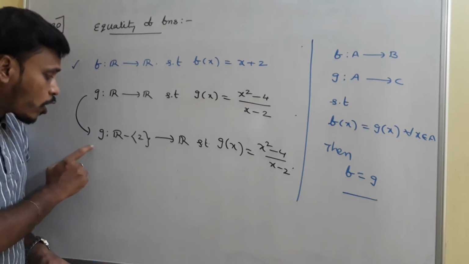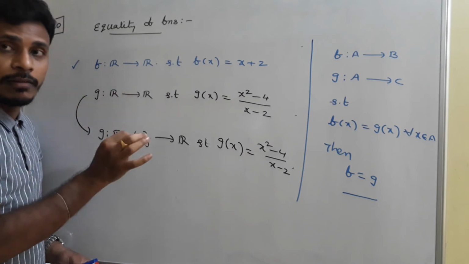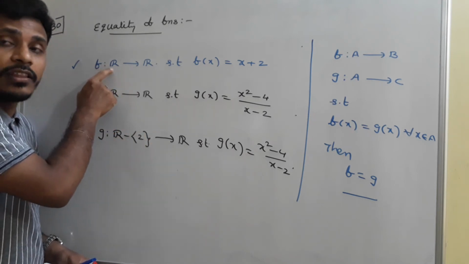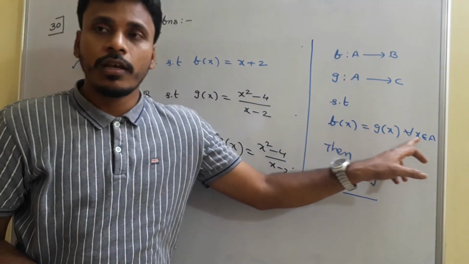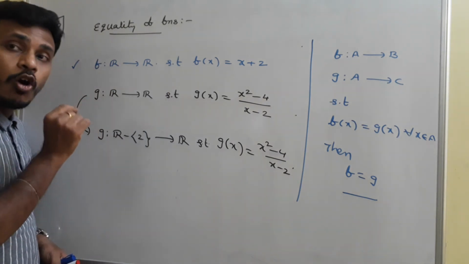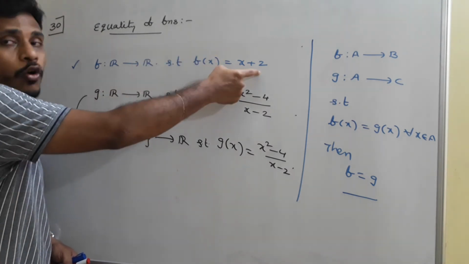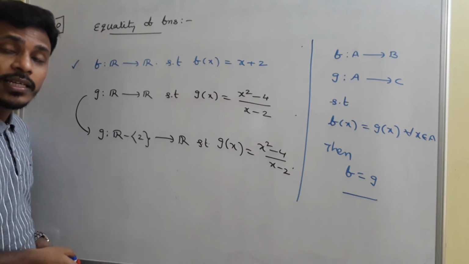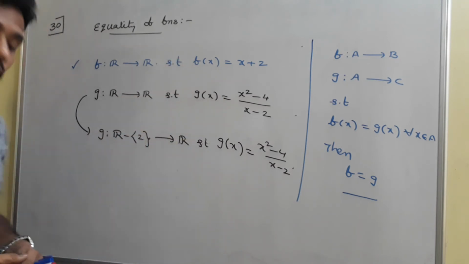Because the domain of g is real numbers minus 2, whereas the domain of f is real numbers. 2 is not in the domain of g, but 2 is in the domain of f. We need f of x equal to g of x for all x belonging to A. g of 2 is not defined actually. f of 2 is 4, we know it, right? But g of 2 is not defined. Since f of 2 is not equal to g of 2, again these two functions are not equal.